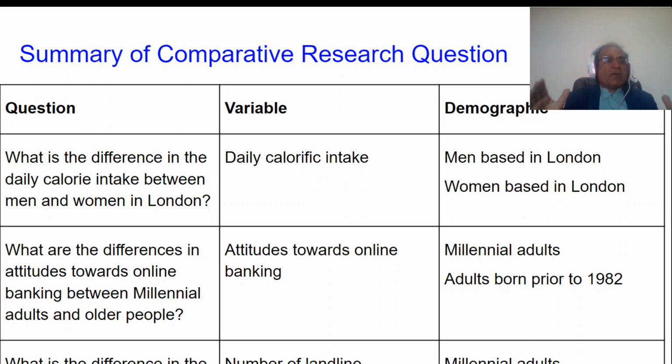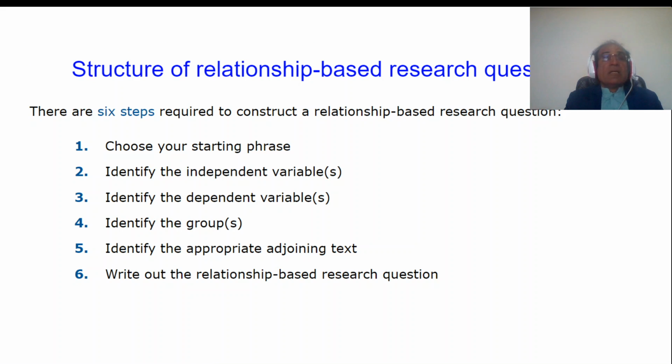Next question: what is the difference in attitude toward online banking between millennial adult and older people? Here the variable is attitude toward online banking, and the demographic is millennial adult born prior to 1982. So these are a few examples of the summary of comparative research question.